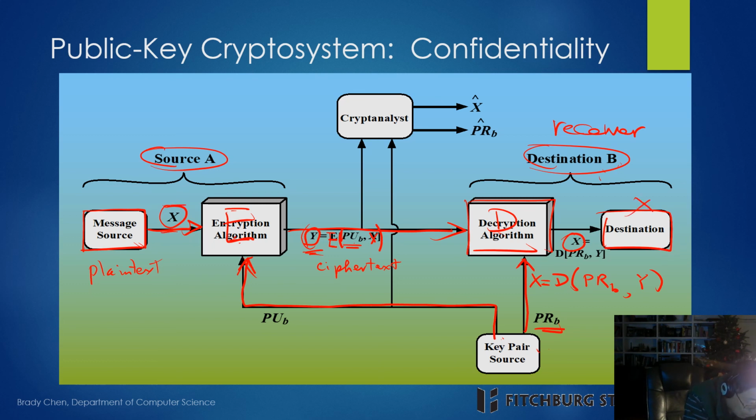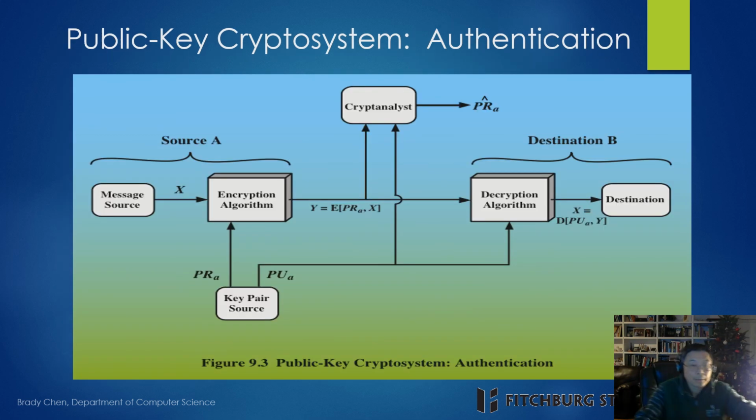Now we just mentioned that we can secretly send a message to the destination, and we call this confidentiality. Now here's another scenario. That's authentication. Again, we have a sender, source A, and a destination, the receiver.